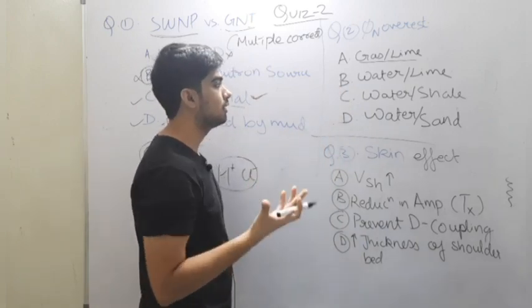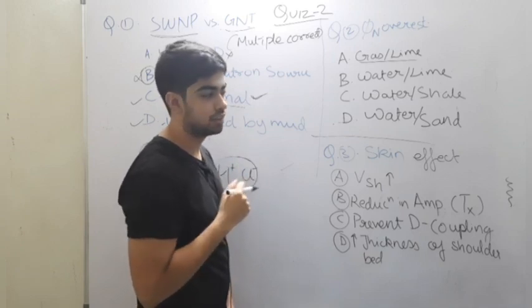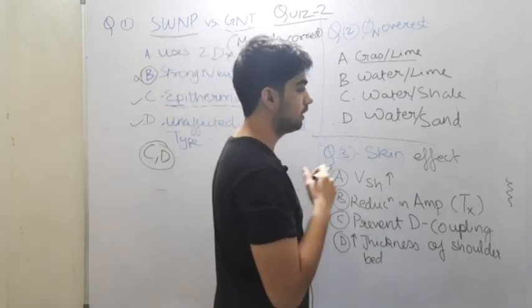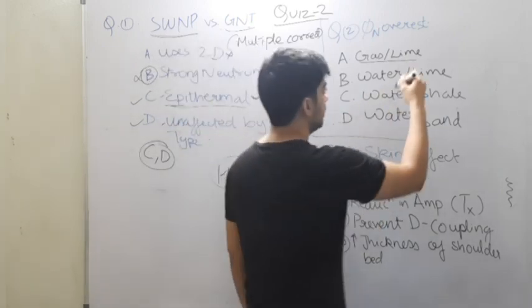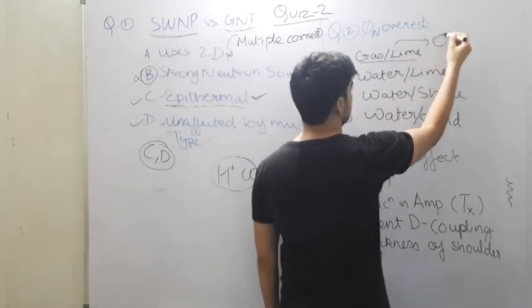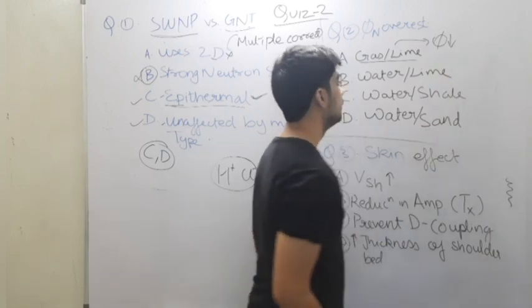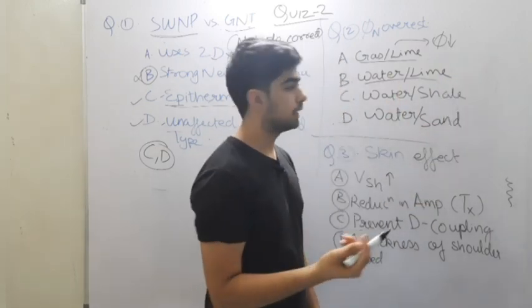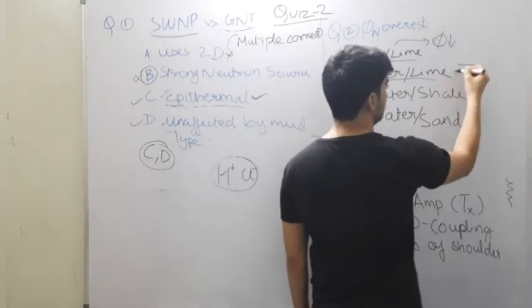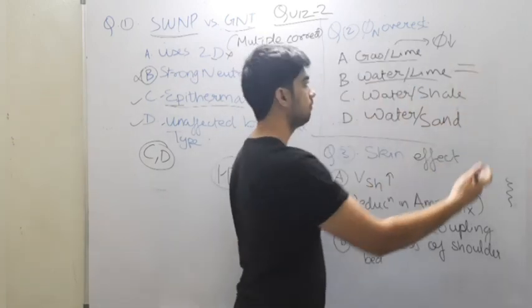We have actually studied the excavation effect. Since there are fewer hydrogen atoms, the hydrogen index is low, and it underestimates the porosity. The water-filled limestone will give you an accurate reading. So the readings will be very accurate, there will be no overestimation.